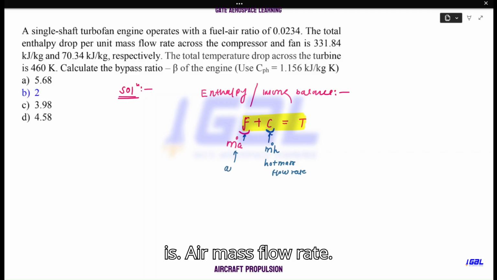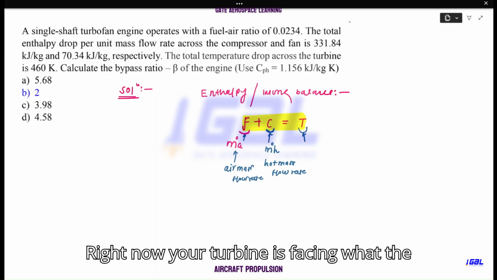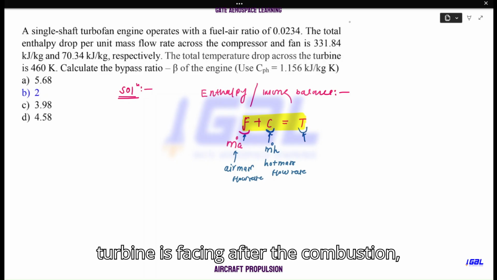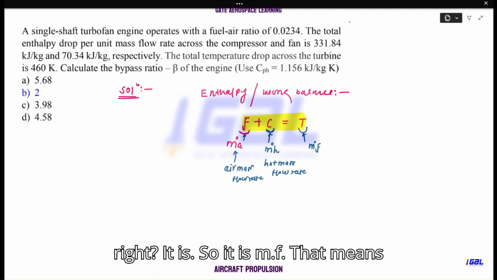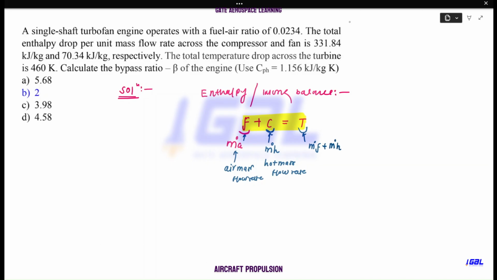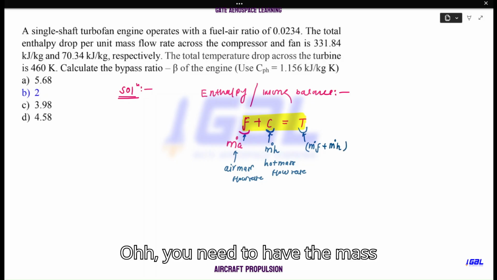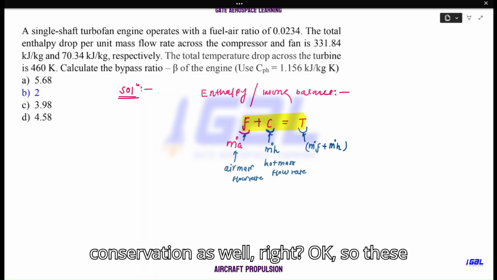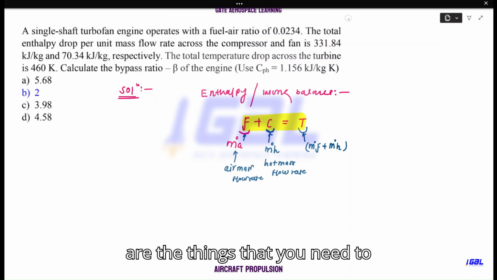And what is this? This is air mass flow rate. Right, now your turbine is facing what? The turbine is facing the flow after the combustion, right? It is m dot f, that means fuel flow rate, plus hot mass flow rate, m dot h. So you need to have mass conservation as well, right? Okay, so these are the things that you need to understand.